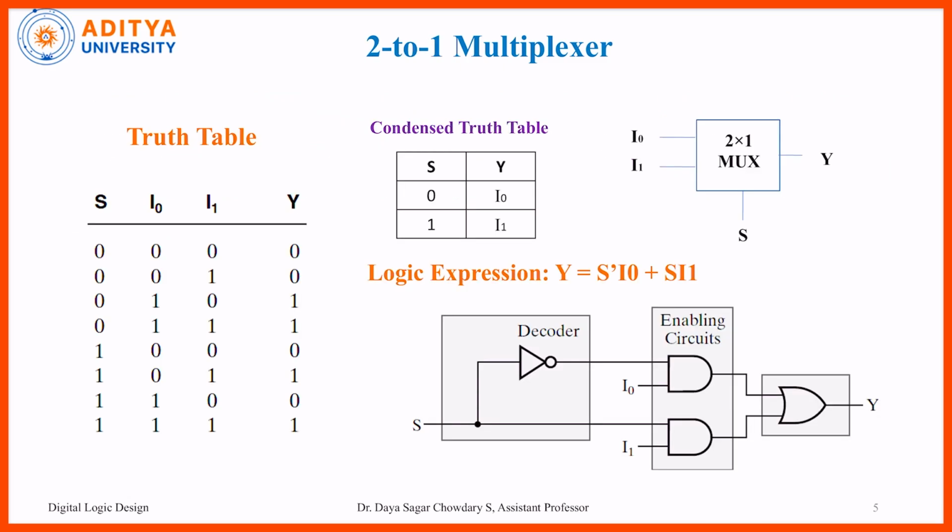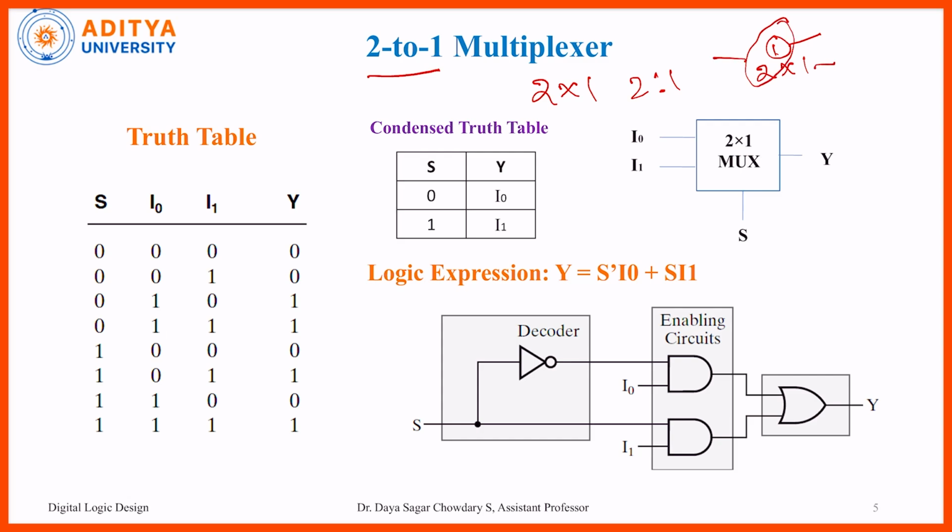Now coming to the 2 to 1 multiplexer. We can represent it with any such symbol, but we call it a 2 to 1 multiplexer. It can also be represented as 2 to the power of 1 multiplied by 1, which means the selection line is only 1, the inputs are 2 to the power of 1, and 1 is the output.